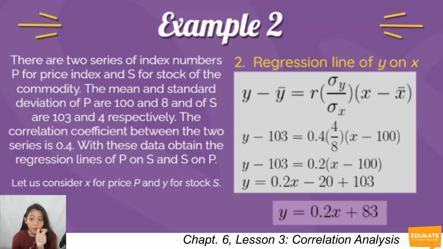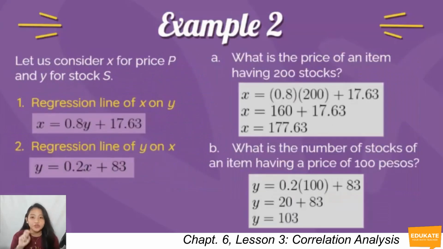The standard deviation of Y, the standard deviation of S, is 4, over the standard deviation of X, the standard deviation of P, which is 8, multiplied to X minus 100, where 100 is the mean of your P. After that, you have Y minus 103 equals 0.2 times X minus 100. Manipulating the variables in your equation, we are going to arrive at the final answer of Y equals 0.2X plus 83.